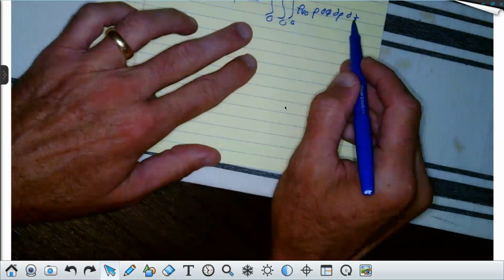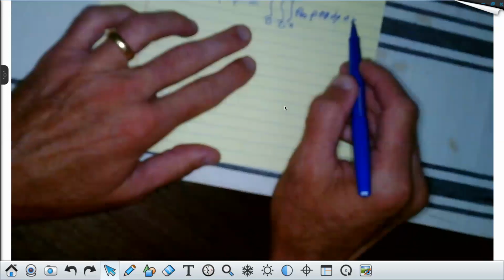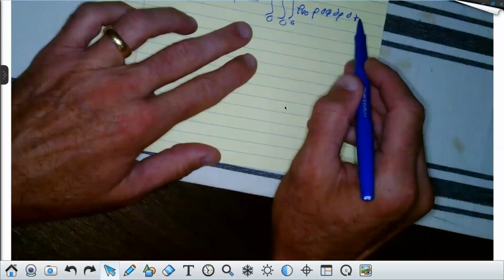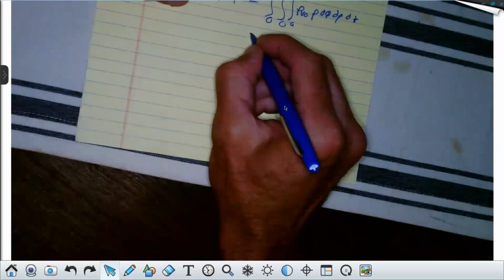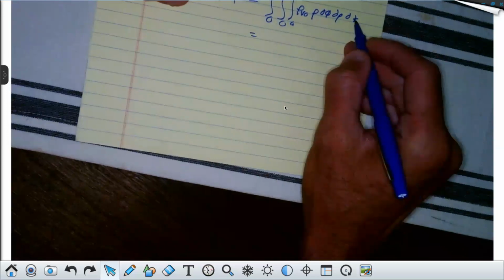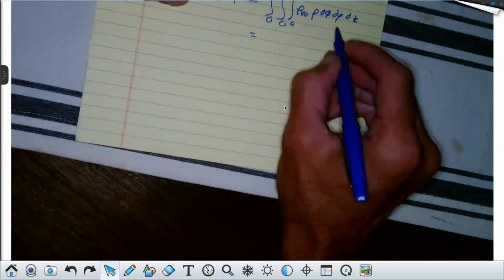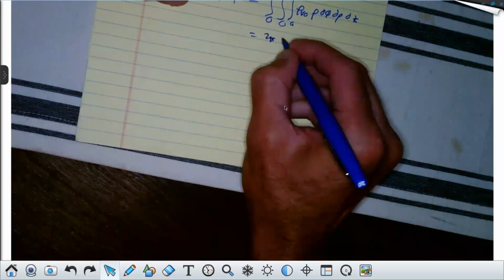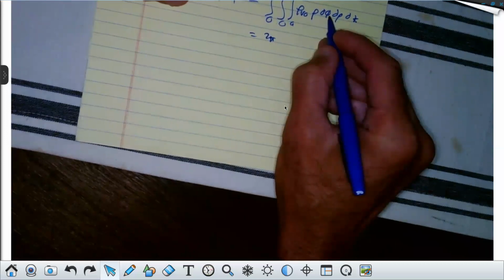All right, now, y'all see when we do this, this is going to have a value, but it's going to be a constant. It never changes, because now we're going to talk about all the charge inside. So when we integrate, take care of this, what do we get? When we integrate dz, we get 1, right? Then when we integrate phi, we get 2 pi, correct? D phi integrated is 2 pi, correct? Everybody?